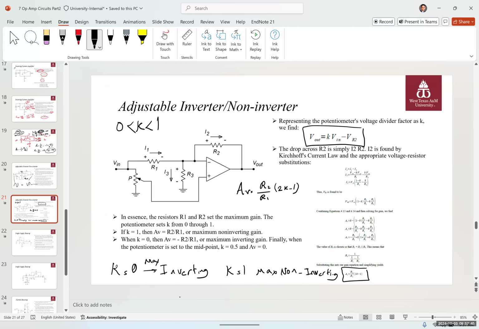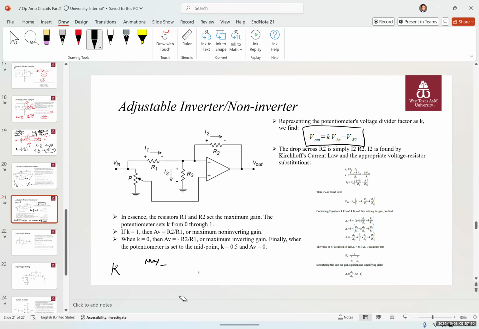For the first practice problem, imagine that for this inverting, non-inverting case, R1 is equal to 5K, R2 is equal to 35K, and R3 is equal to 1K.